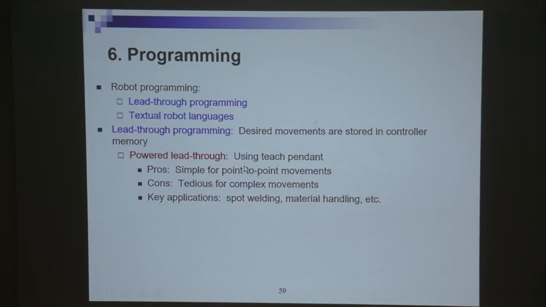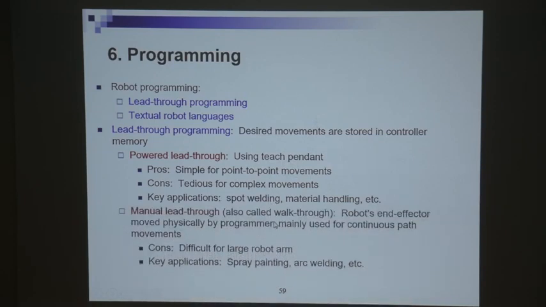We mentioned earlier that a lot of the time we are dealing with point-to-point movement, so the teach pendant is very good for that. But the con is that it is very tedious for complex movement. For spot welding, material handling, and so on, you can use a teach pendant to do it.